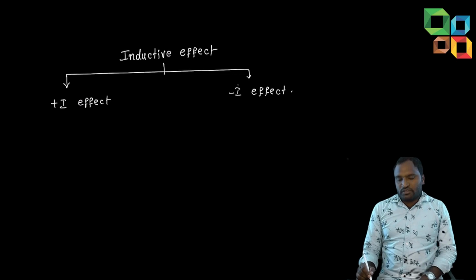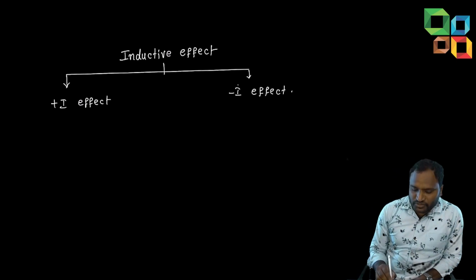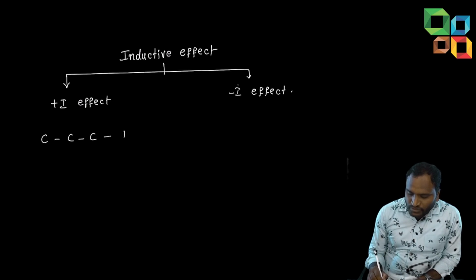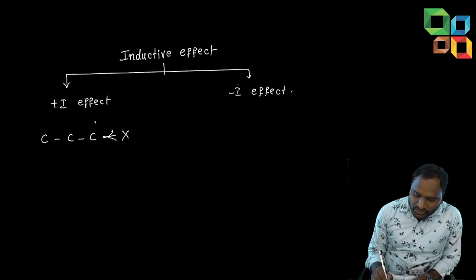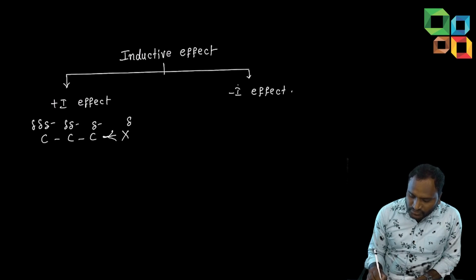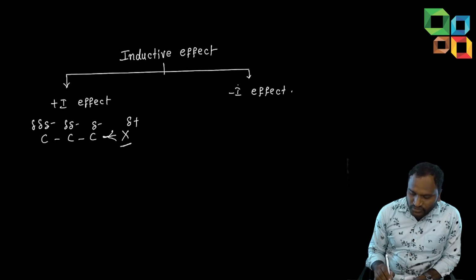Plus psi effect means here is the carbon chain, students. Take the group attached to this as X. If the attached group is giving electrons, carbon will get negative charge and that group will get positive charge. This effect is called plus psi effect, with respect to the attached group only.